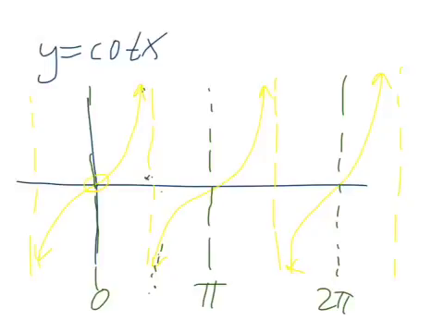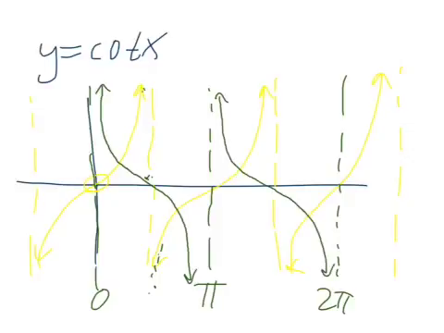And you could do this on and on, and you're going to find out the graph is going to look a lot like tangent, but going in the opposite direction. So it has a negative slope. It is always decreasing. So it looks like that, and I guess I could do another one right here. So tangent's always increasing, cotangent's always decreasing.